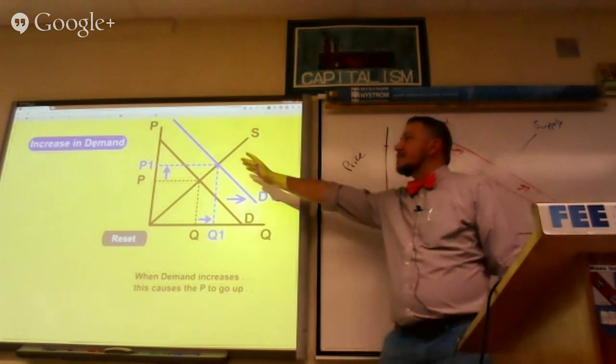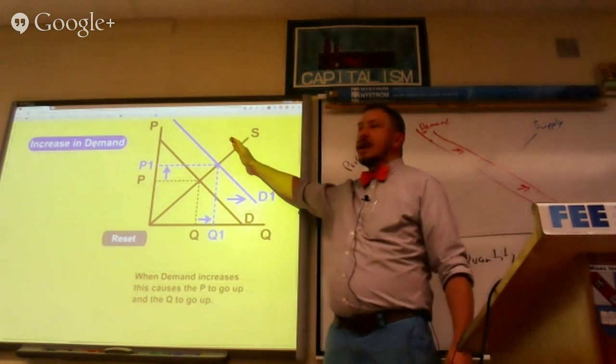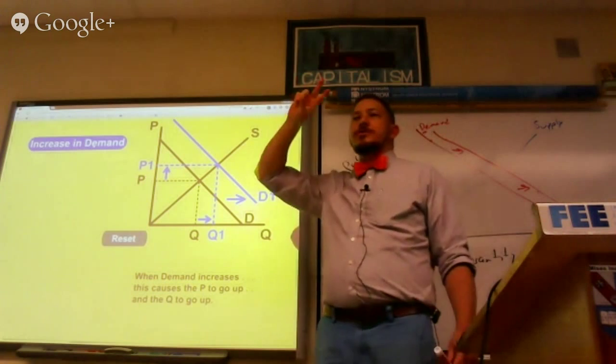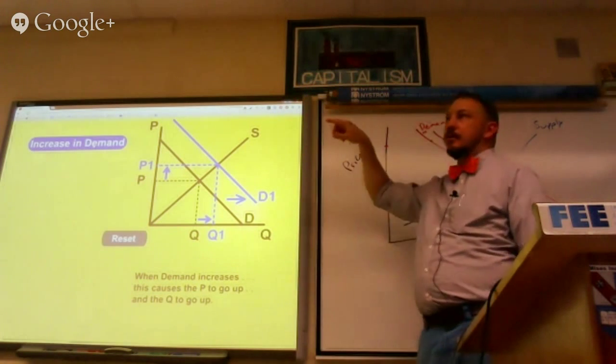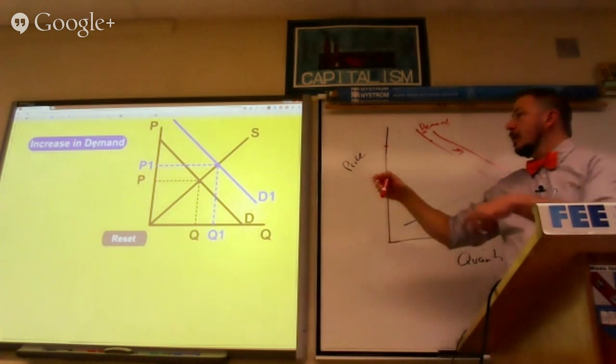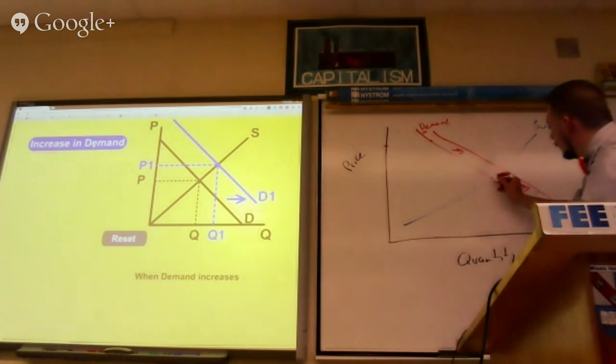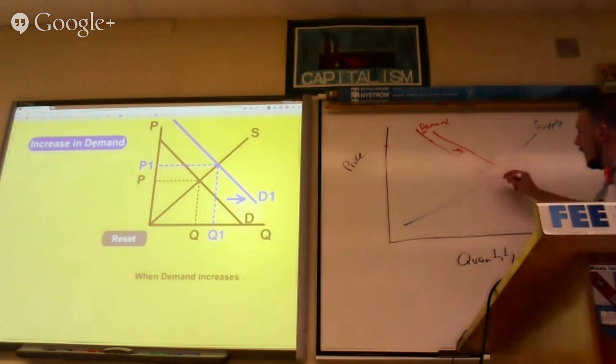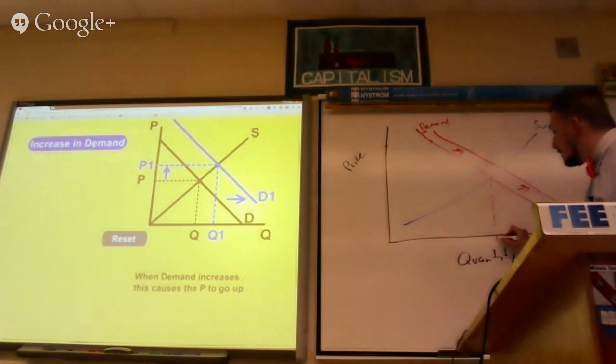What happened as a result of demand shifting to the right? What two other things were impacted? You see them with arrows. What's that? Quantity and price. Okay, quantity. So before, we were at this quantity demanded.